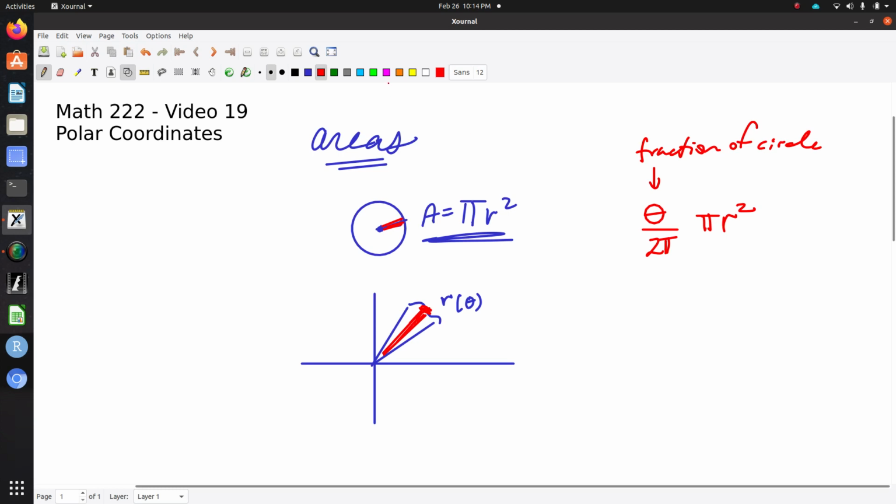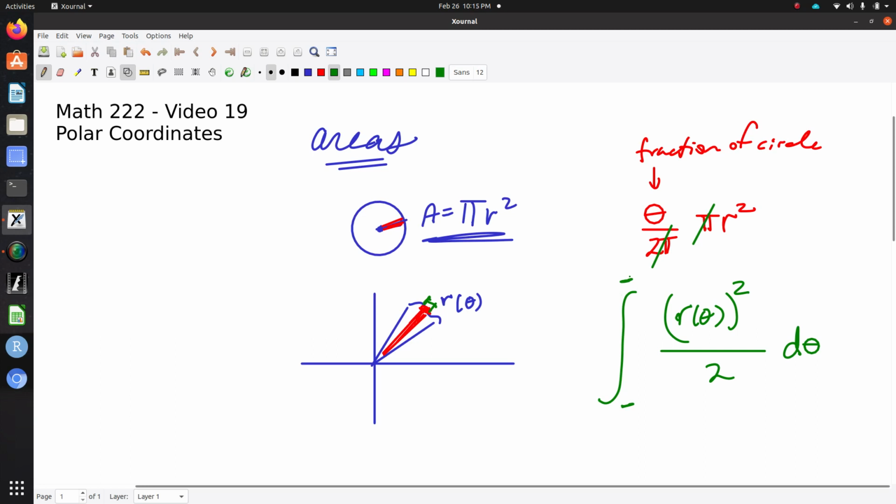Okay, and so nicely the pi's cancel out, and so then you get, see, r is actually a function of theta, and you're going to square it, divide by 2, and that little piece, we call that d theta, because that's this little tiny piece of d theta right here, and we're going to integrate over whatever relevant lower and upper thetas we're interested in.